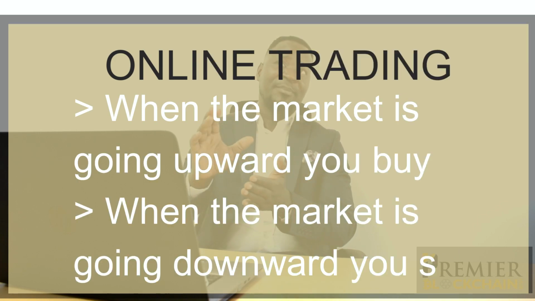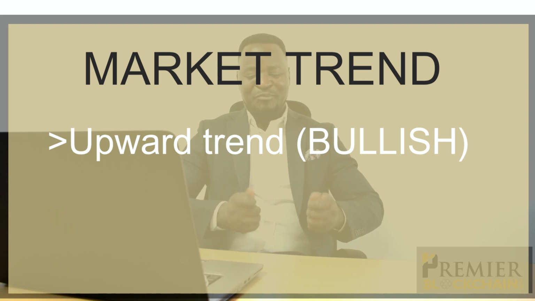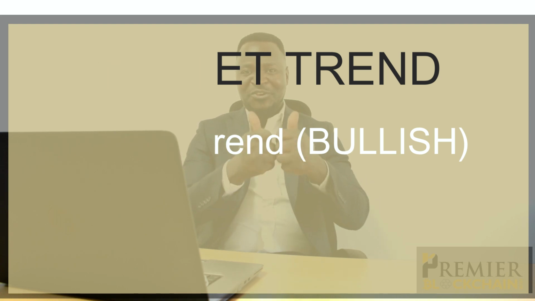So buying and selling: when the market is going up, we are buying. When the market is coming down, we are selling. We also say, when the market is going up, it's a bullish market. It's a bull, because a bull attacks you by lifting you up with its horns. So we call it a bullish market.